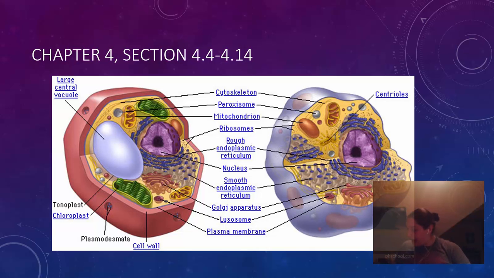The Golgi apparatus helps make transport vessels. It sort of manufactures other little carrying organelles that can carry substances to the outside of the cell. So a little transport packet can bud off of the Golgi apparatus.